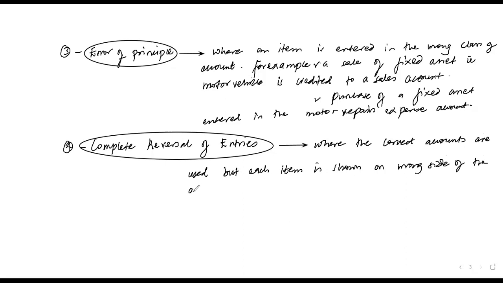Complete reverse of entries. You reverse the entries. But each item is shown on the wrong side of the account. So instead of debiting, you credit; instead of crediting, you debit.